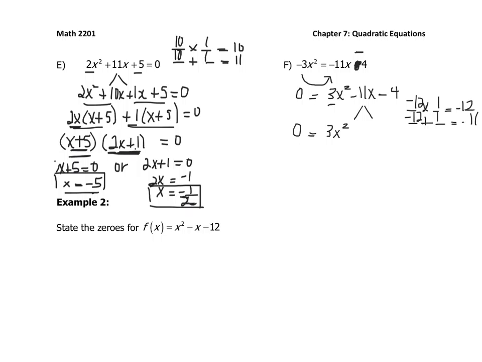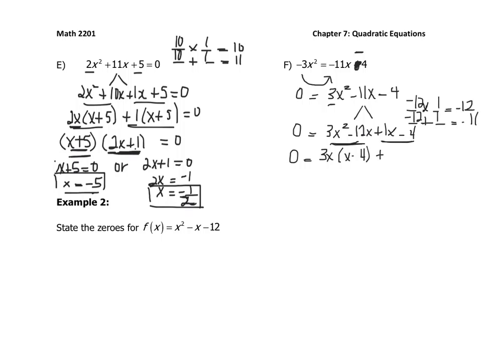So negative 11x gets broken down as negative 12x plus 1x, and then we still have the minus 4. So find the numbers, break it down. Now we're going to group in GCF. So the first group has a GCF of 3x outside of x minus 4.